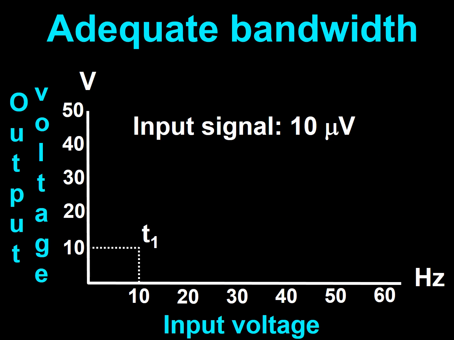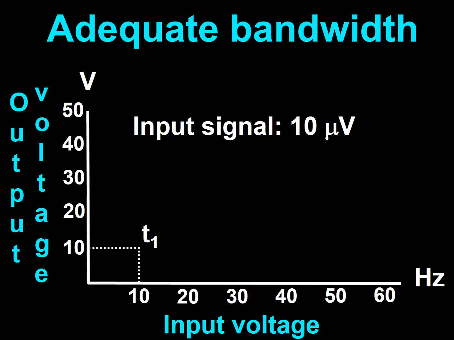An amplifier with adequate bandwidth is an amplifier that keeps the same ratio of amplification regardless of the frequency the input signal is presented with.